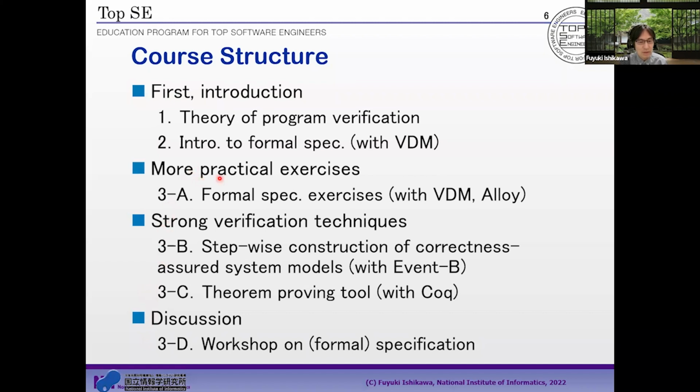If they like more practical exercises, we have such a lecture. But we also provide lecture classes for stronger verification techniques, stepwise construction of correctness assured system models, or using a more mathematically strong theorem proving tool. We also have a workshop style lecture to discuss how to make use of this kind of technique, or even improve natural language communication and documents.